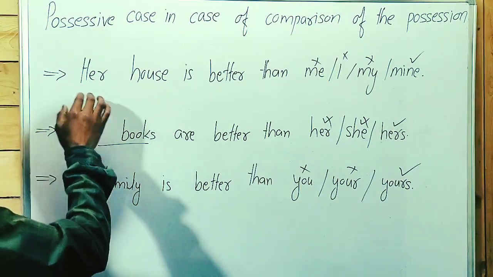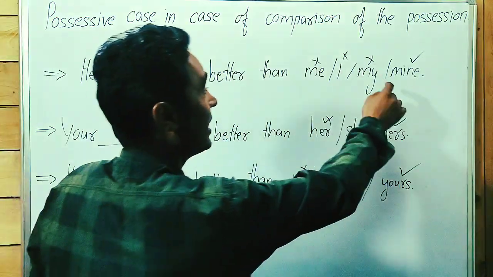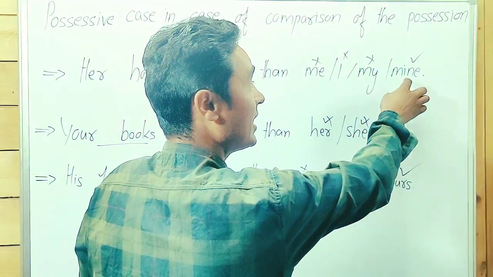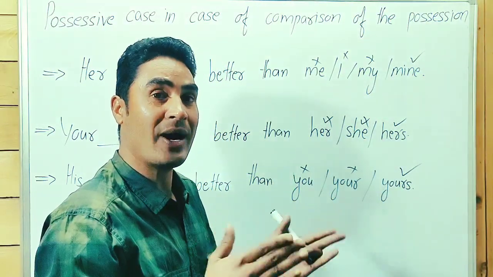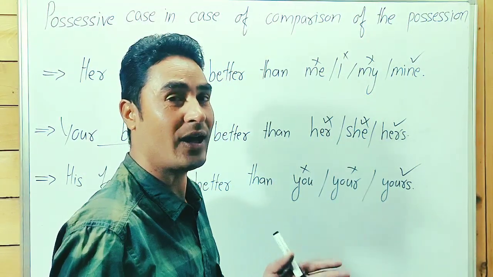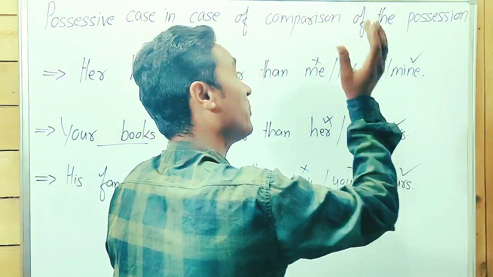Here this sentence indicates possession, her house and my house. Mine is a pronoun. My house is a noun phrase, my is an adjective. We are learning about the possessive pronoun.